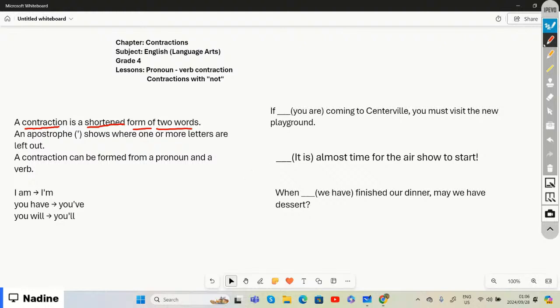And when we shorten those two words, an apostrophe needs to show where one or more letters are left out. And we're going to look at that today.